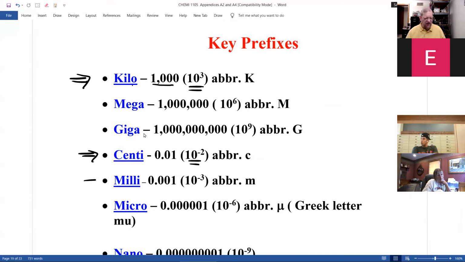You should also know milli is 1,000, which I have here. 10 to the minus 2 is 100th. 10 to the minus 3 is 1,000. So it takes 1,000 milliliters to make 1 liter.